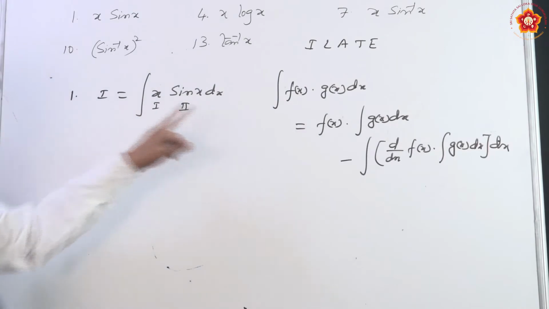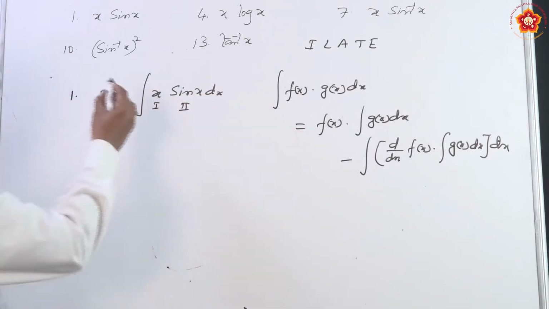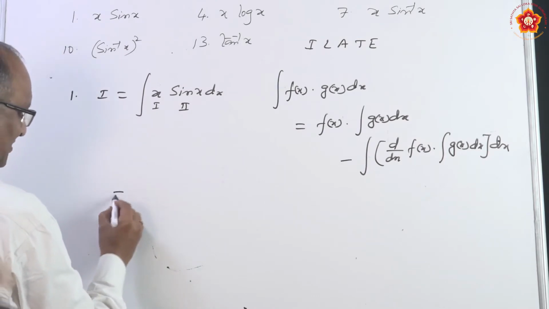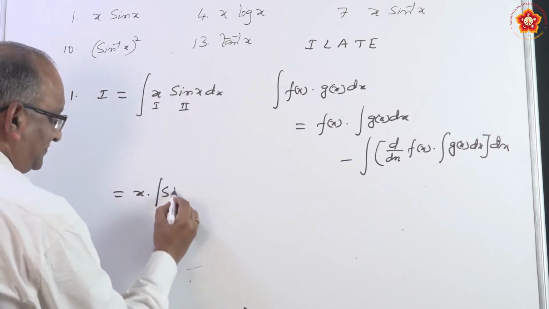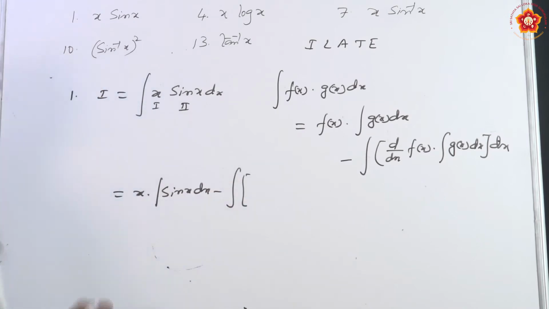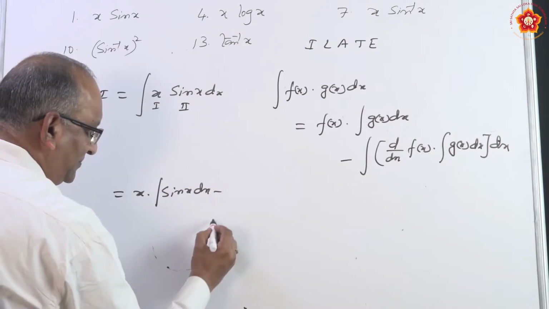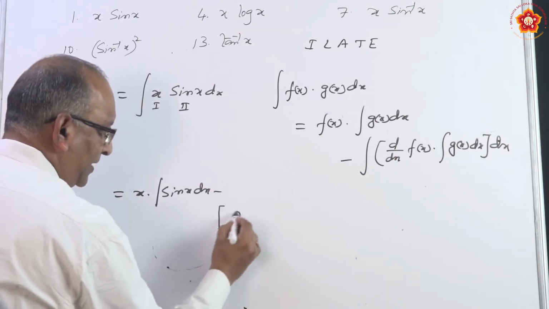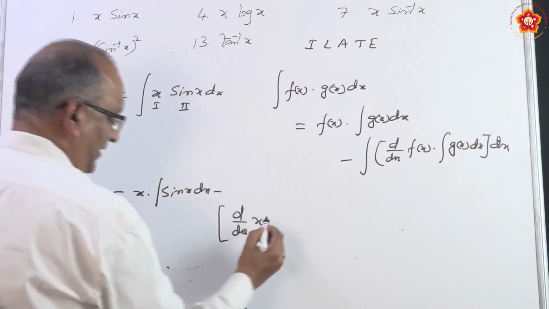So, use that formula here. According to the formula, first function we write as it is. So, this is equal to x into integral of second, so integral of sin x, minus integral of derivative of first. What is the derivative of the first? d/dx of x into integral of second.